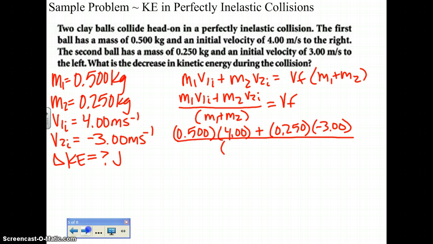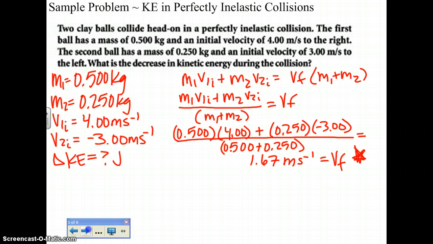All of that is being divided by 0.500 plus 0.250. Put that in your calculators, please. Don't forget those signs there. Pretty darn important. Your calculator answer should be 1.67 meters per second, whereas we do want 3 sig figs if you assess your givens here. It's not a final answer, but let's start because it's pretty important.